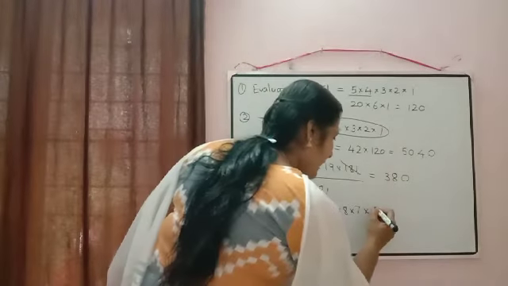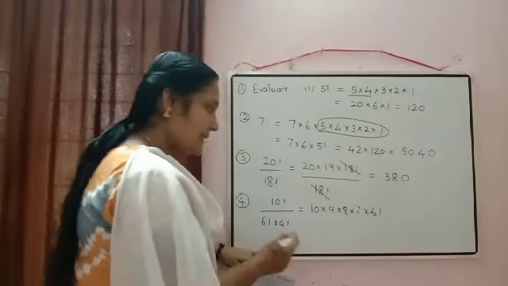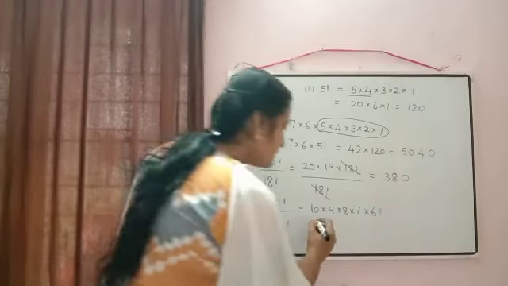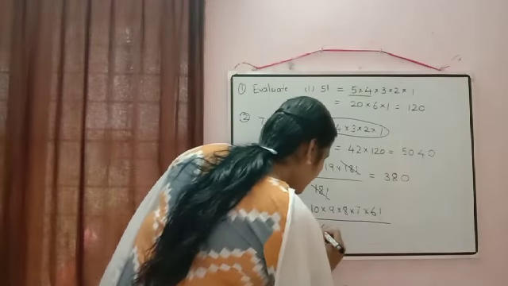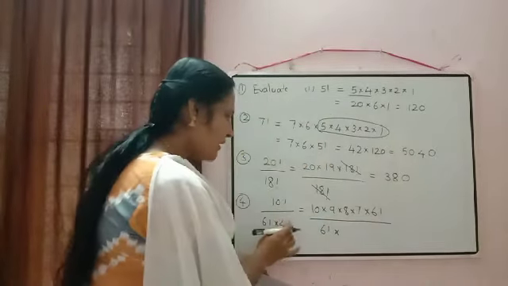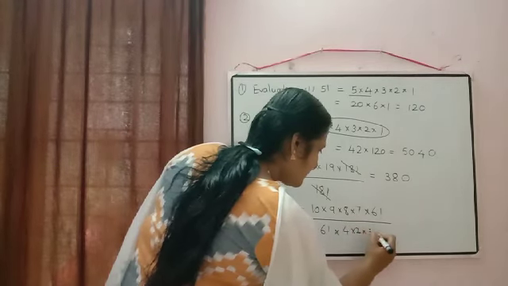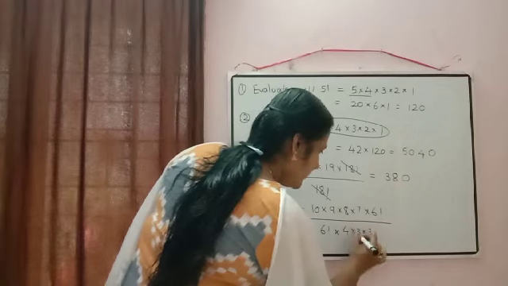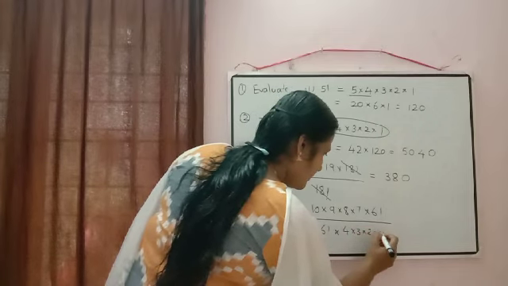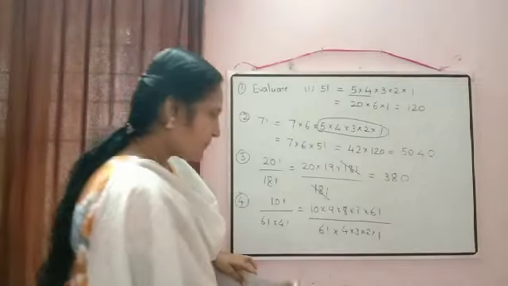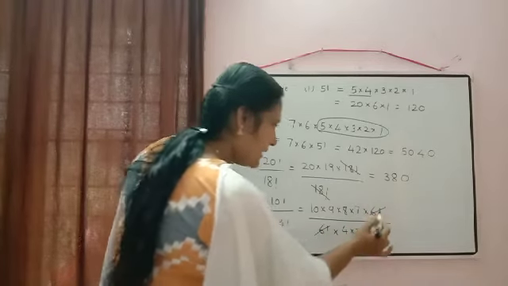If we write it as 6 factorial, then it is easy for us to solve. 6 factorial will get cancelled here. 4 factorial can be written as 4 into 3 into 2 into 1. So 6 factorial will get cancelled here only.